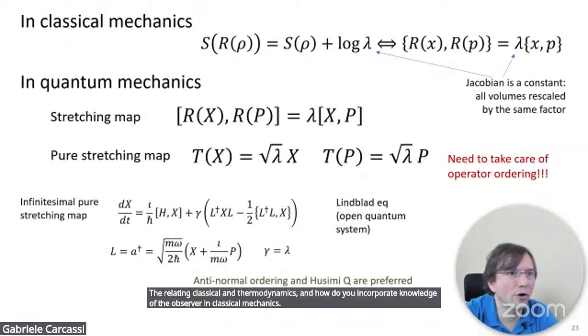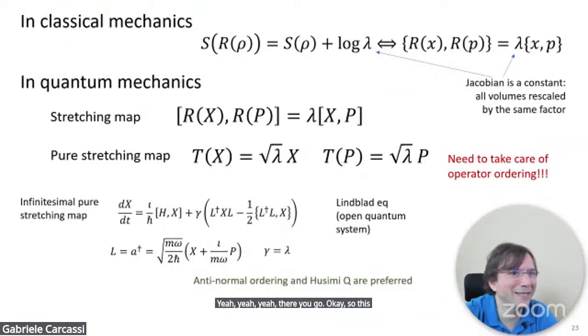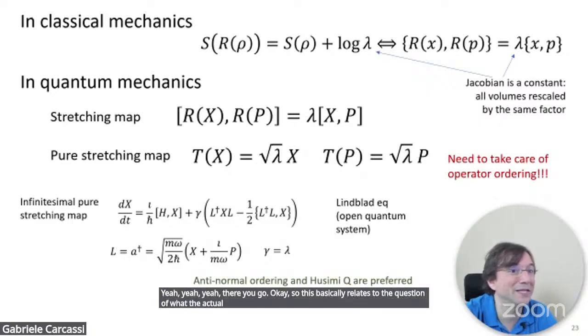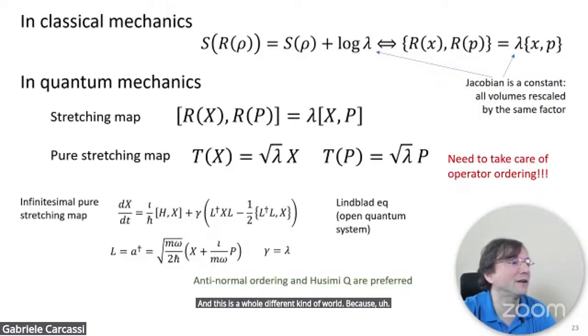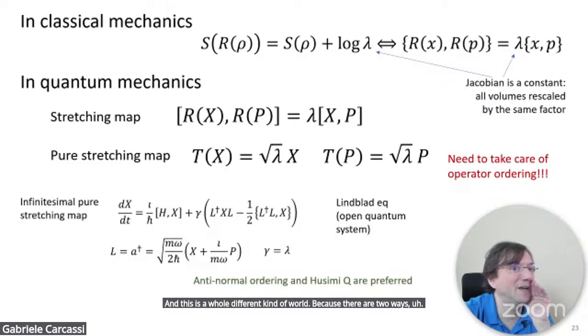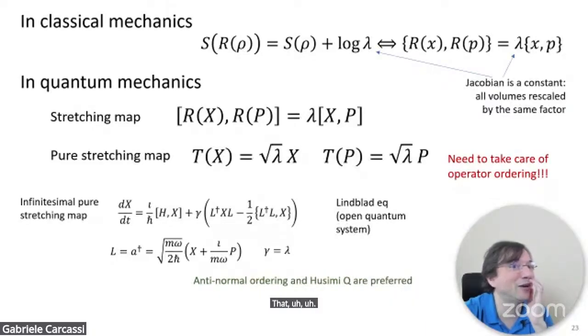Okay, so this basically relates to the question of what the actual entropy is described. And this is a whole different kind of work, because there are two ways that entropy is described in statistical mechanics.